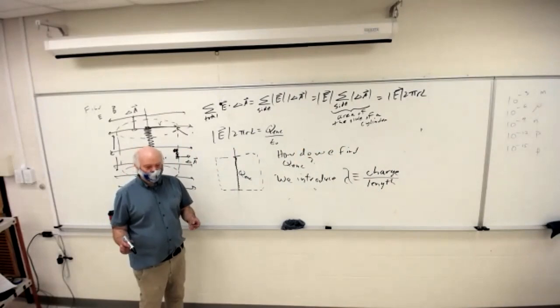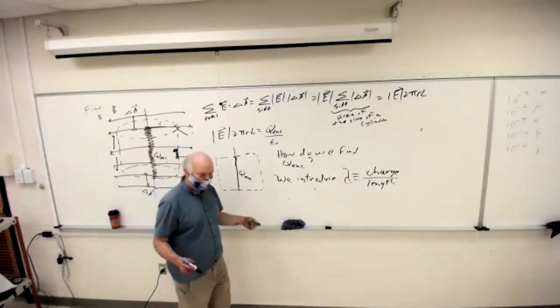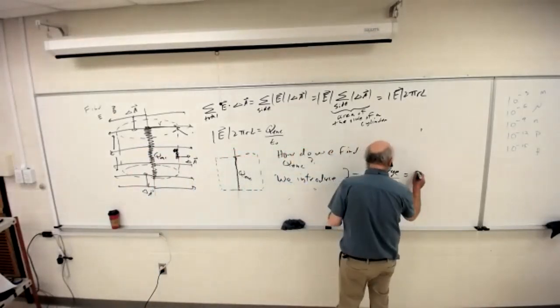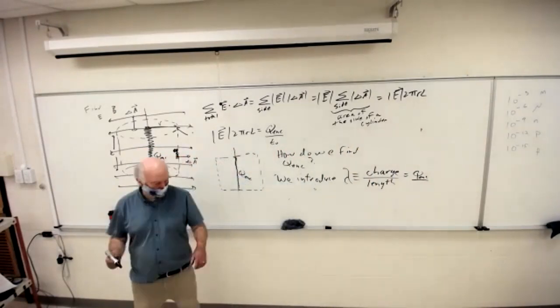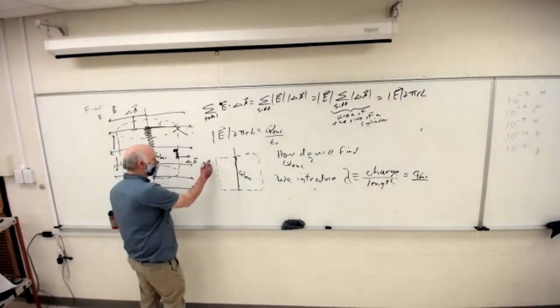So let's apply this. Again, we get to play the same tune. Okay, what is the charge enclosed in the Gaussian surface? Q enclosed. Over what length is that distributed? What do we call this length here?